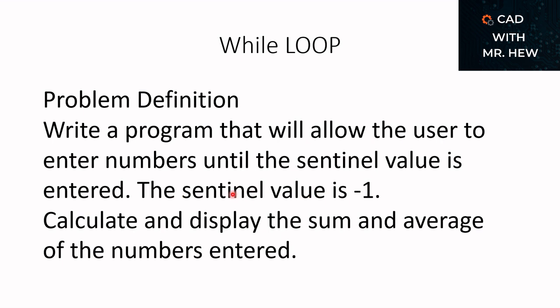The sentinel value for today's video was -1. After -1 was entered by the user, the program calculated the sum and average and displayed the values for the sum and the average on the screen. So this brings us to the end of today's video.